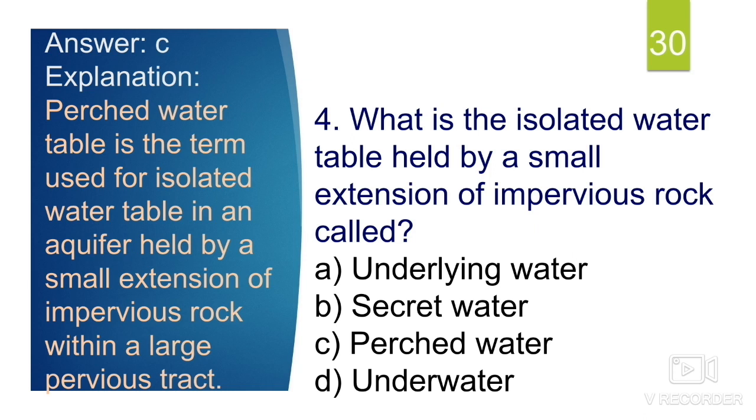And if we talk about the perched water table, perch means to be in position on top of something. If something is on the top of an object, that will be known as perched. So perched water table is the term used for the isolated water table in an aquifer that is held by a small extension of the impervious rock within a large pervious tract.